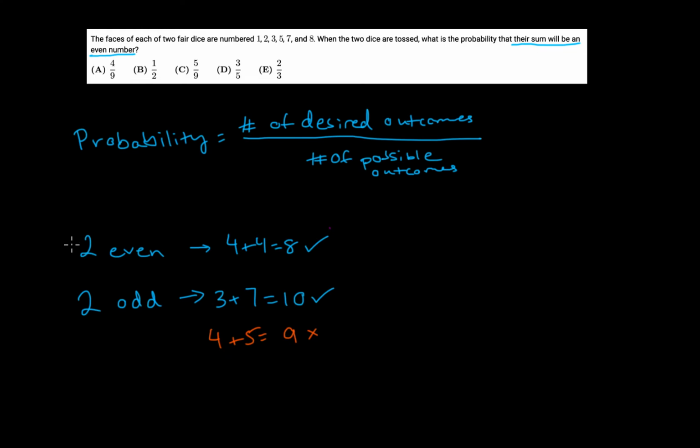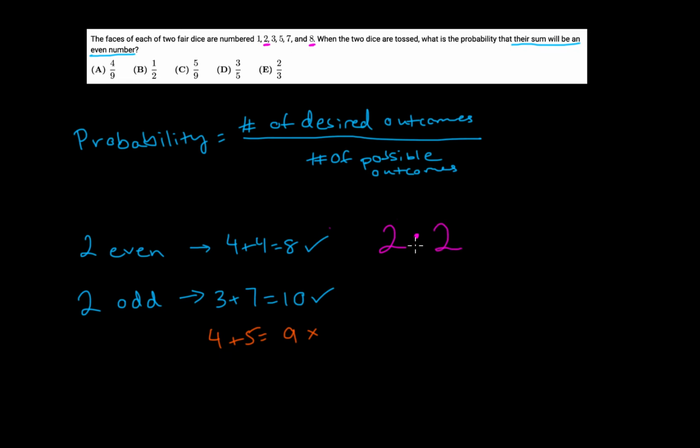How many possible outcomes are there with two even? For the first dice roll, if you look at it, there are 2 outcomes that fit this. And for the second dice, there are also 2, because these are independent events.